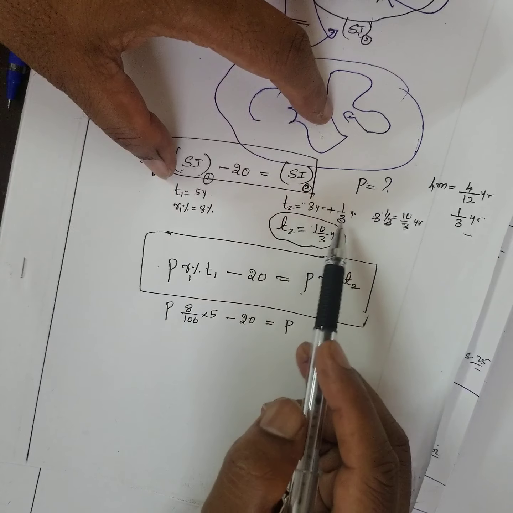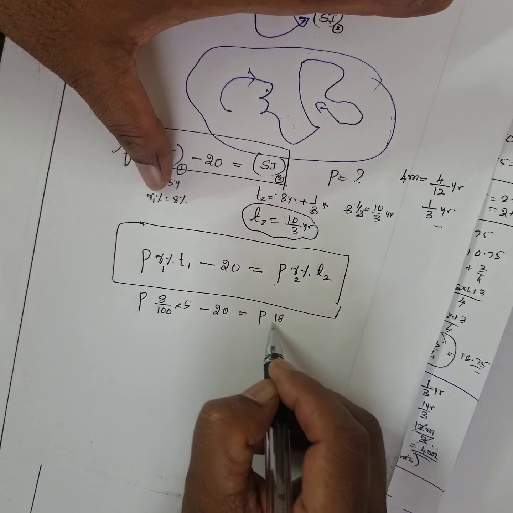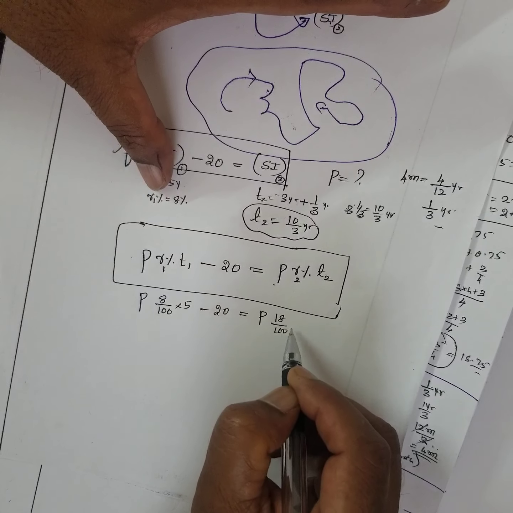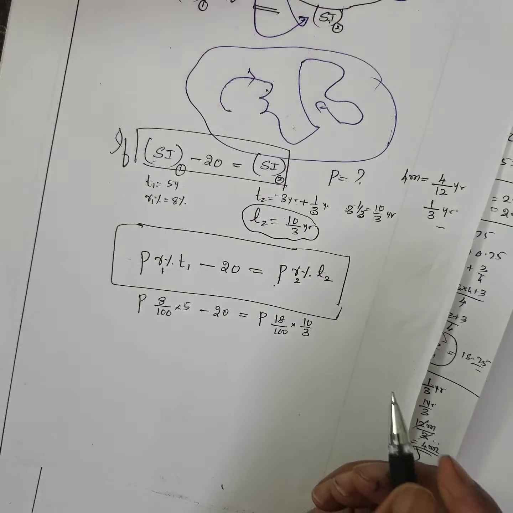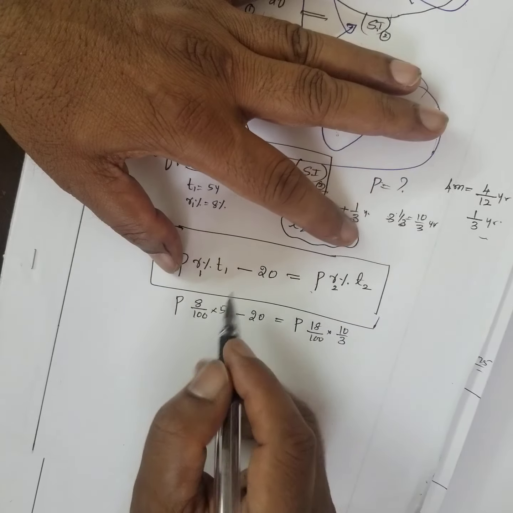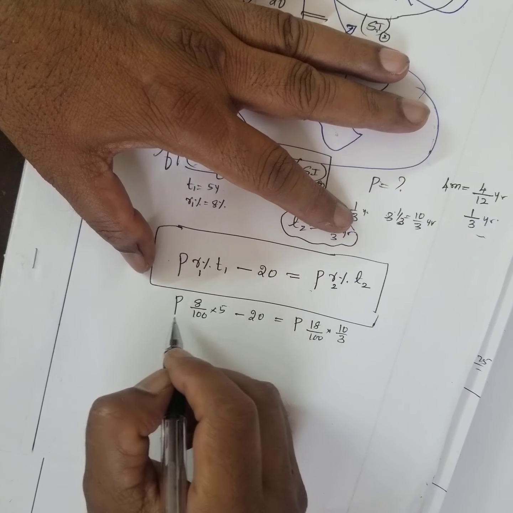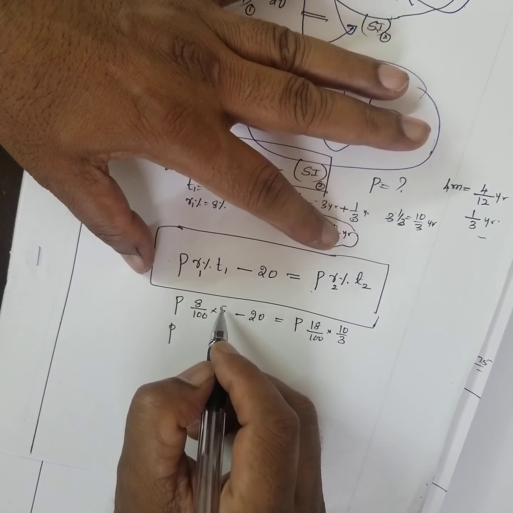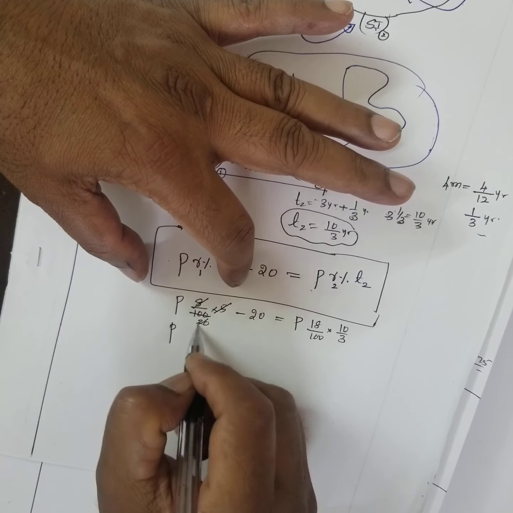R2 is what percentage? 18%. 18% means 18 by 100 into T2, which is 10 by 3. I will try to simplify this one. Therefore, P, how many times does it go? 20 times, 5 times.